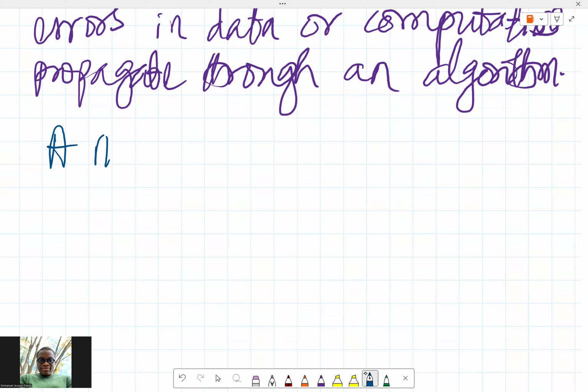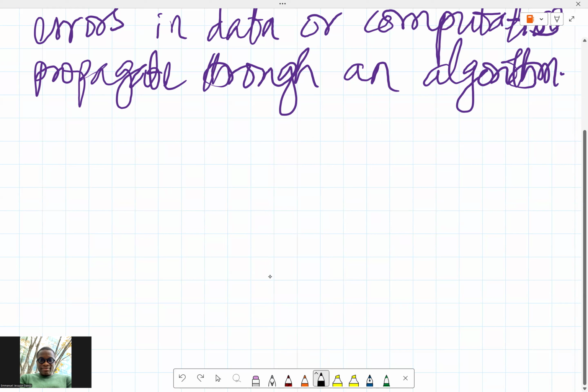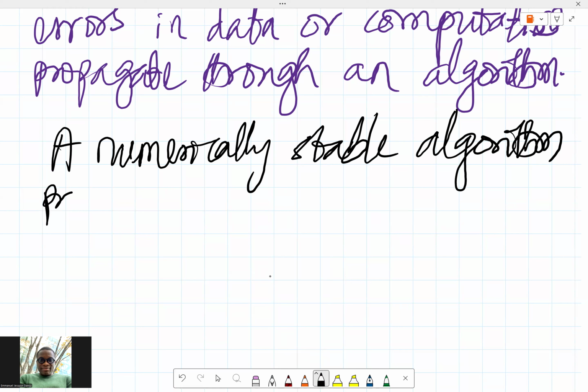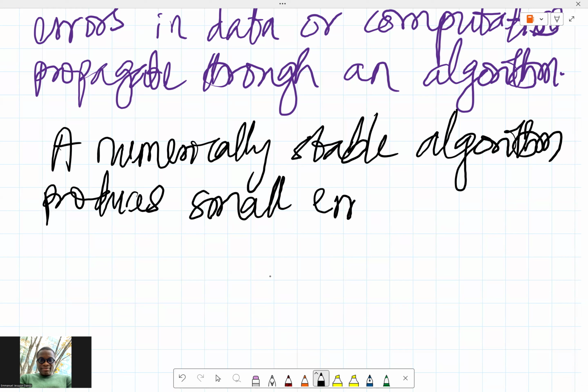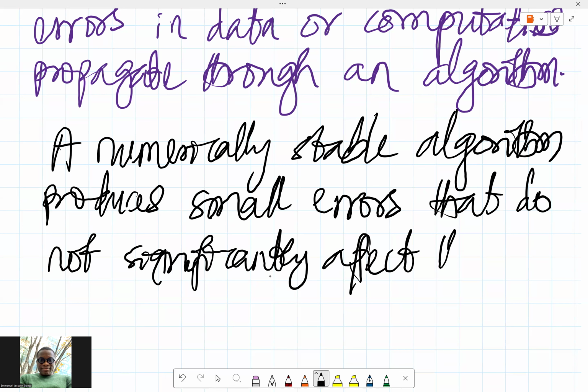A numerically stable algorithm produces small errors that do not significantly affect the final result.